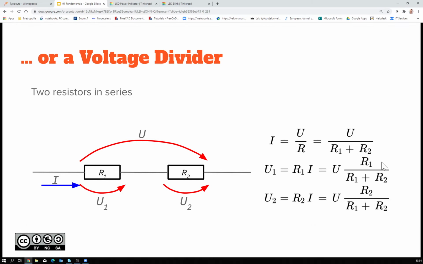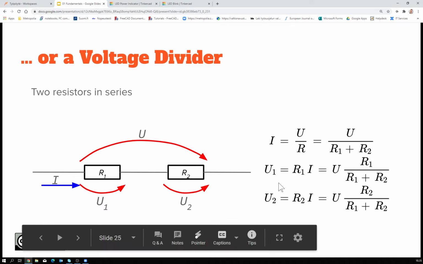Or actually, this works also as a voltage divider. If you want to know the voltage over one resistor when you have measured the total voltage and the current, and you know R1, then you can calculate the voltage over the first resistor.